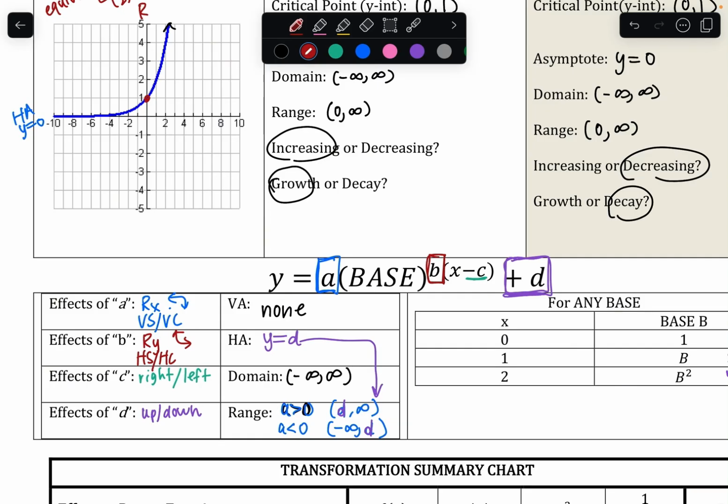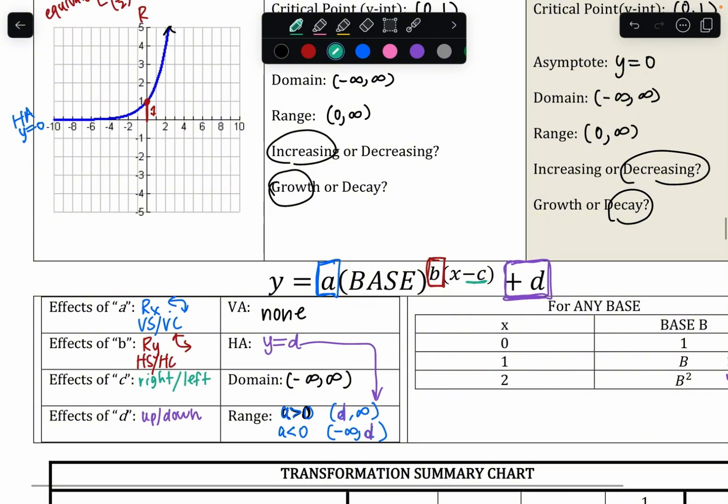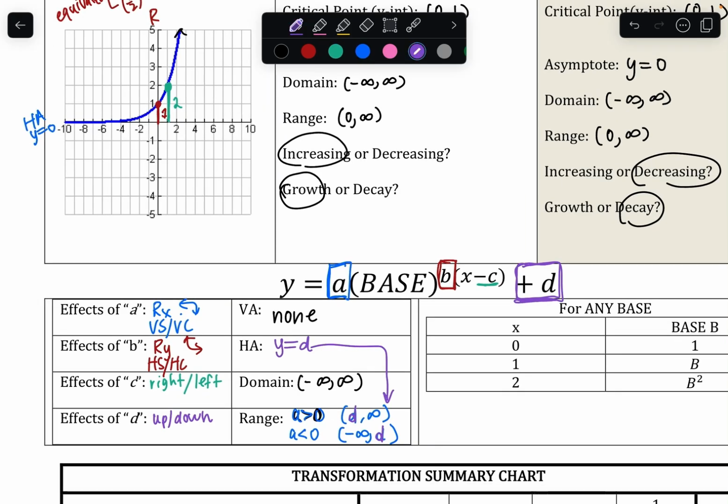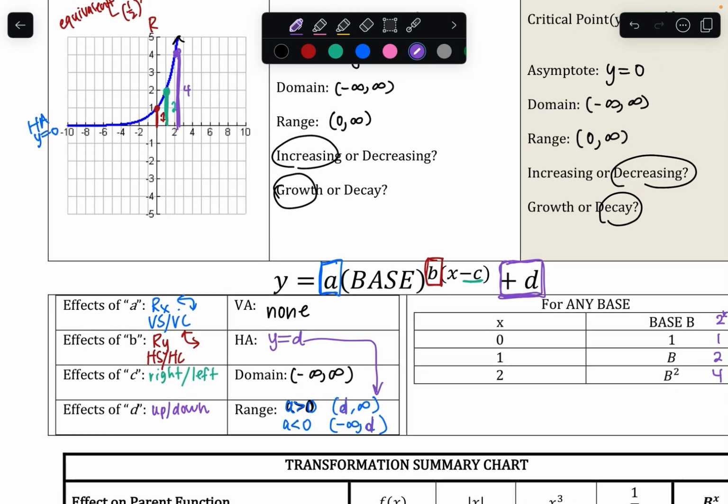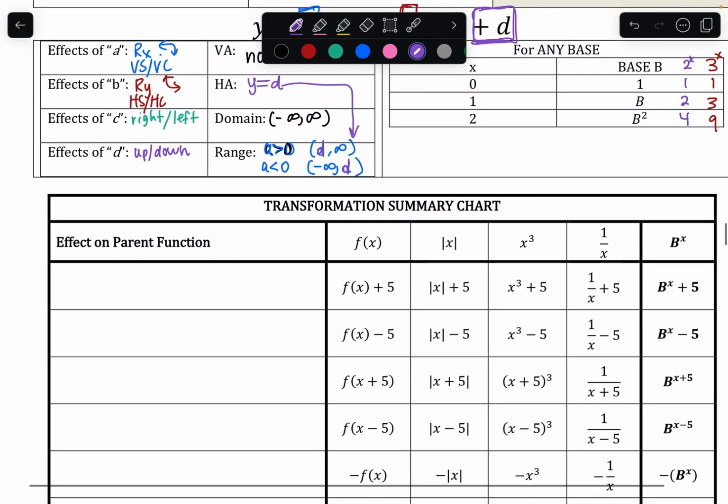Your y-intercept is always a distance of 1 away, and then your second significant point to the right is going to be your base away. Okay, and if you wanted a third point, your next significant point, and I'm talking about distance from the asymptote, 1 away, base away, and then the base squared away. Okay, and so that's how we're going to graph using our transformations.